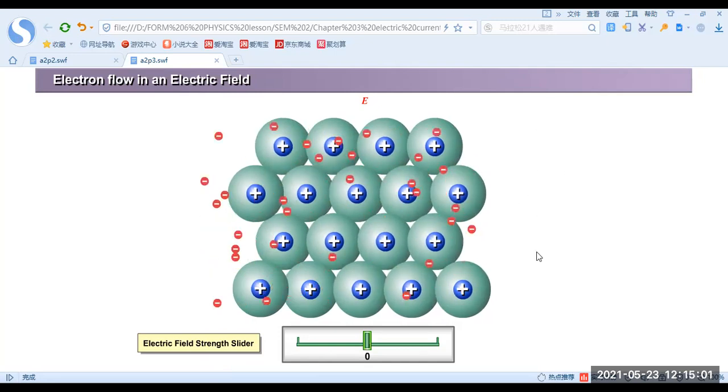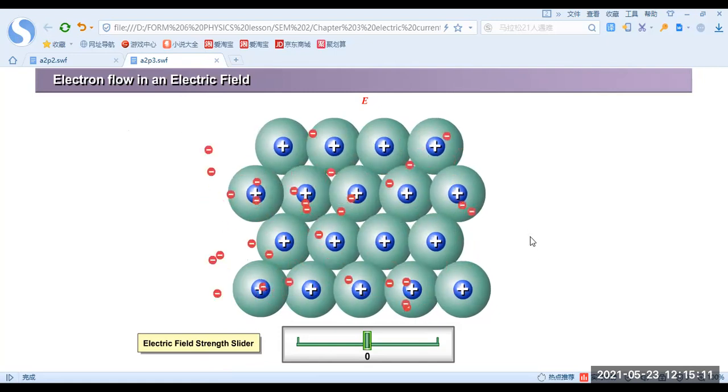That means the right side is the positive terminal and the left side is the negative terminal. Negative and negative repel each other, so the electrons move away from the negative terminal to the positive terminal.